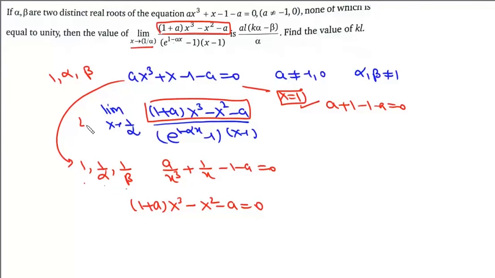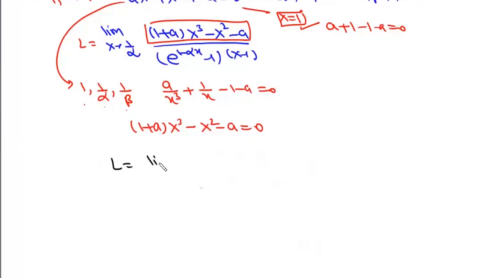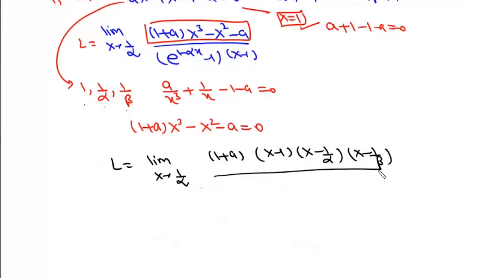So we can write this limit L as limit x tends to 1 by alpha, and if we factorize it, we can write this as (1 plus a) into (x minus 1 upon alpha)(x minus 1 upon beta) upon (e to the power 1 minus alpha x, minus 1) into (x minus 1). Now this x minus 1 will cancel. We can write this as limit x tends to 1 by alpha.